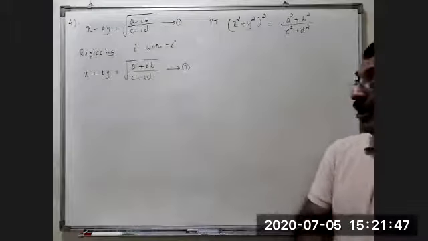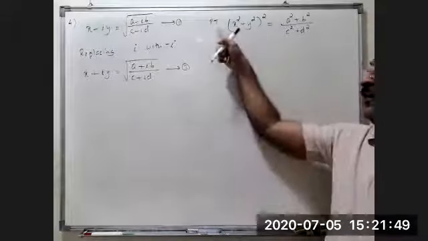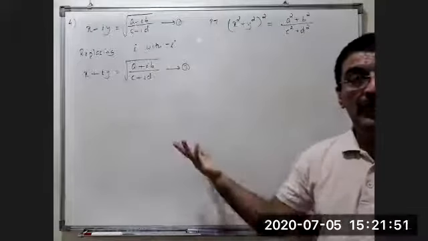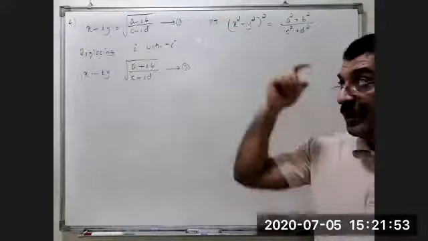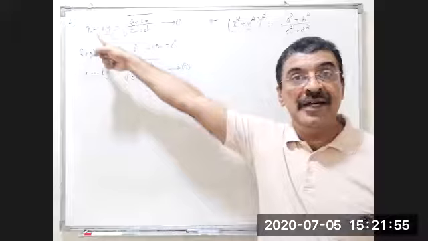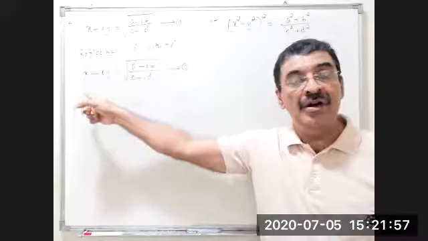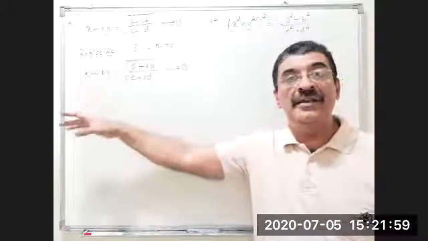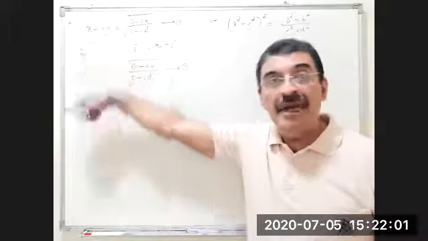Now, our aim is to get x square plus y square. We have seen in the previous note that if x minus iy and x plus iy are known, to get x square plus y square, we multiply these two.